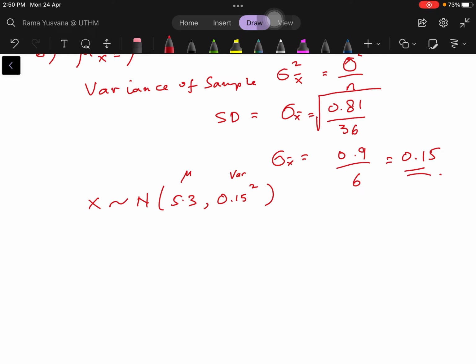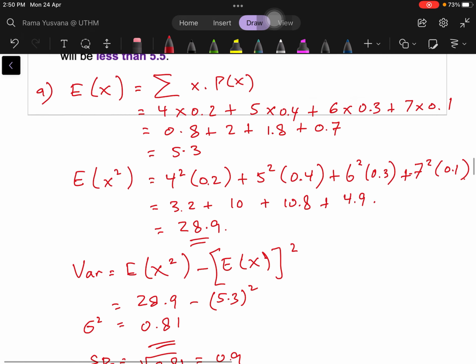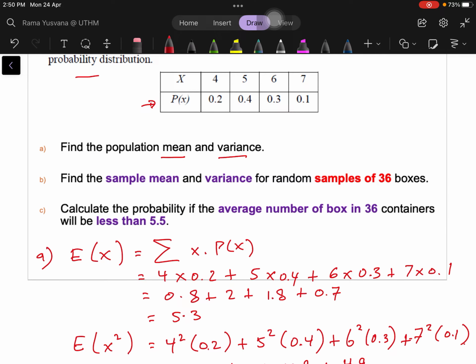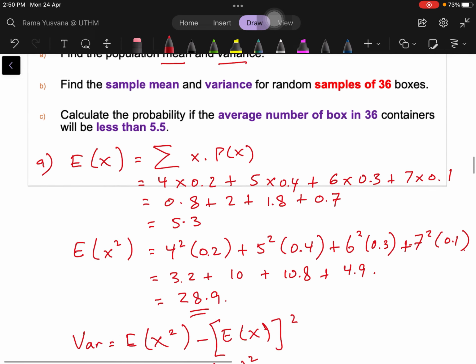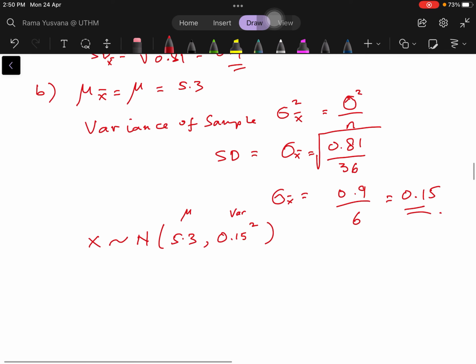The question is asking us to find the sample mean and variance for a random sample of 36 boxes, so we've already done that, the mean and the variance.